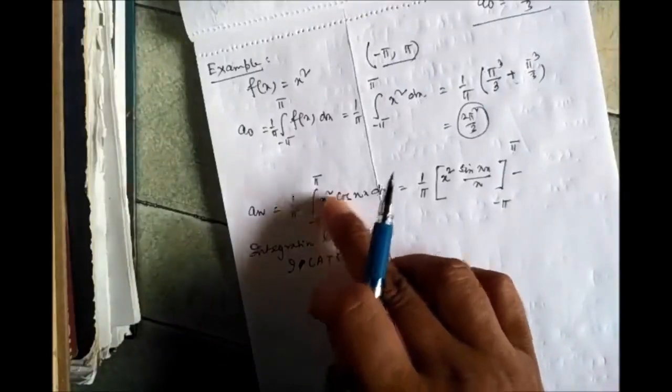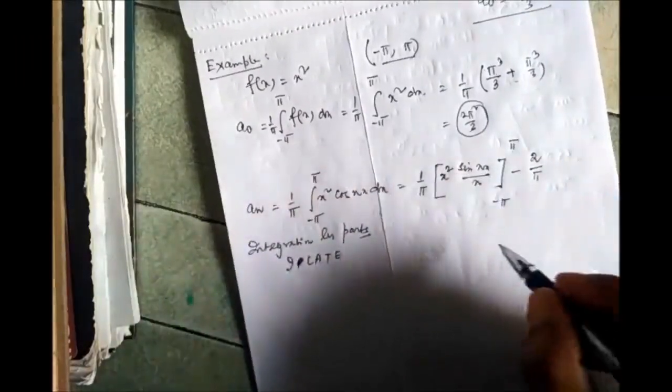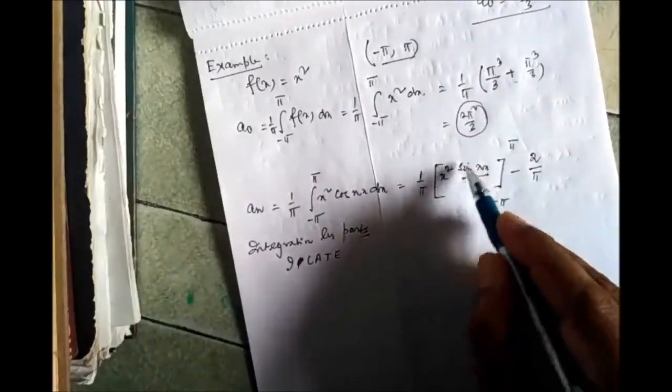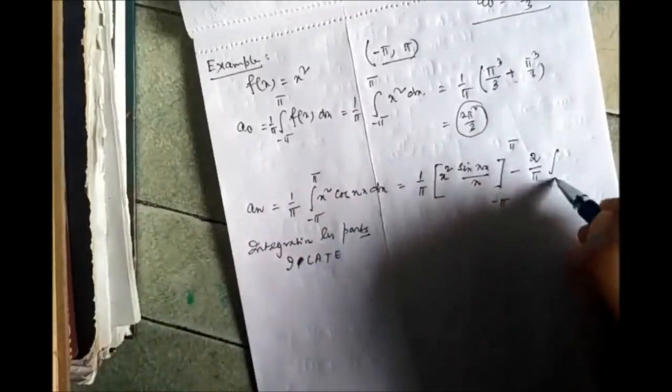So this will give me 2x, so I bring 2 outside, 2 divided by pi, again integration of this term and second time integration, so minus pi to plus pi x sin nx by n dx, right?